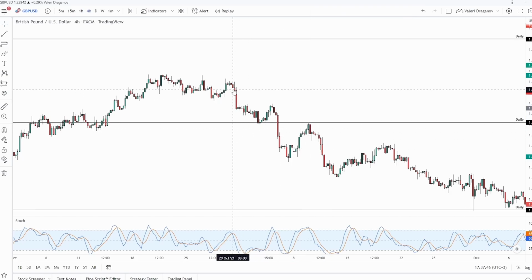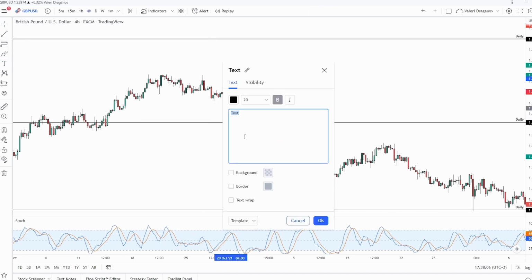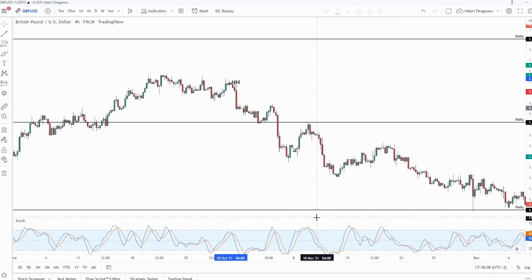So we don't have Fibonacci here. So we continue to observe and we can see that here we have a higher high as a beginning of the impulse wave and a lower high as the end of the correction. But on the stochastic, we have a lower high and a higher high. Let me name it so you can see them perfectly. Here we have a higher high.